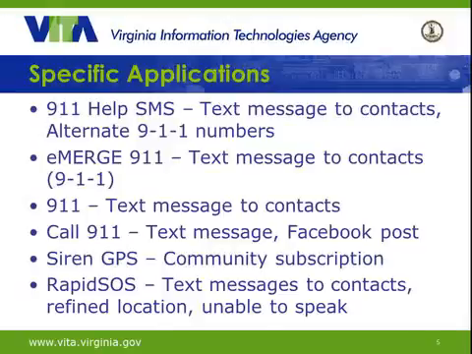And then finally, the one we'll probably spend the most time talking about, Rapid SOS, does have the text messaging, the contacts. It does have a more refined location based on the sensors within the phone.